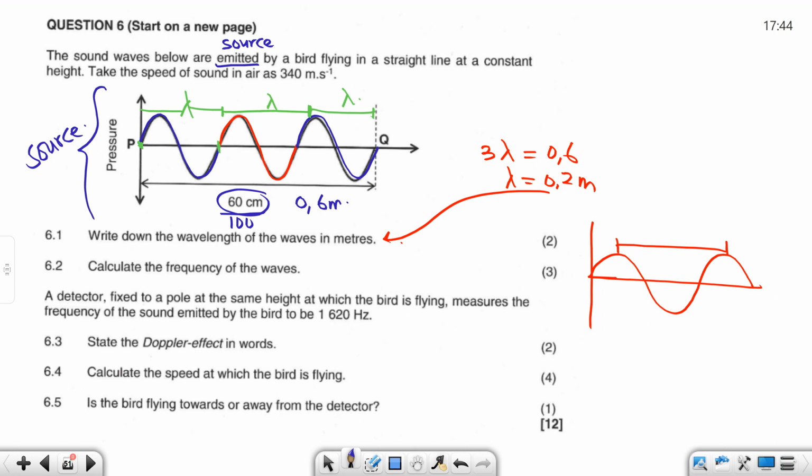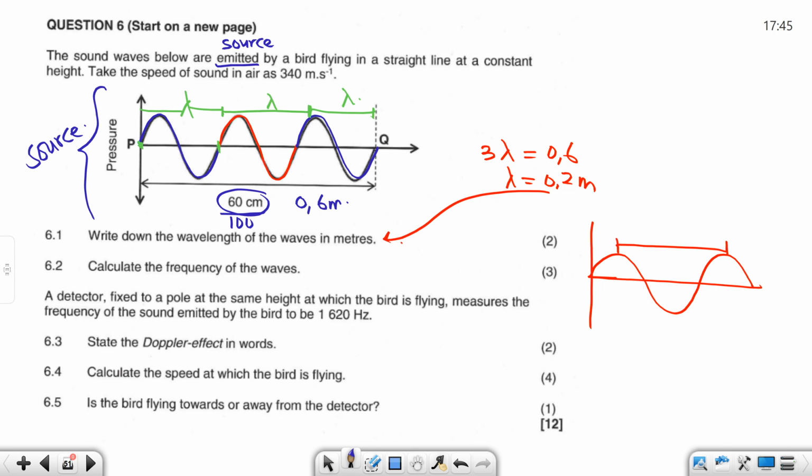I'll show you how to calculate the period. A detector fixed to a pole at the same height at which the bird is flying measures the frequency of the sound emitted by the bird to be 1620.